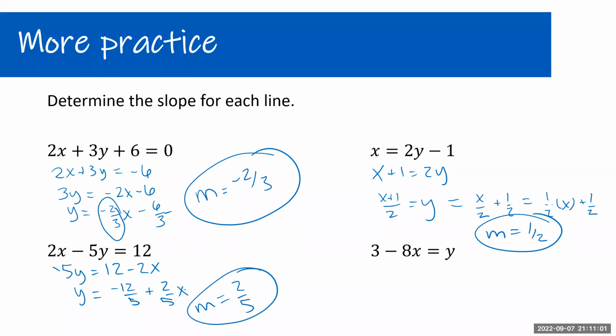What about this one? 3 minus 8x equals y. Well, it's already in slope-intercept form, right? We could rewrite it if you needed to. We could say, okay, well, this is the same as y equals -8x plus 3. So our m here is -8. Voila, that's the slope.